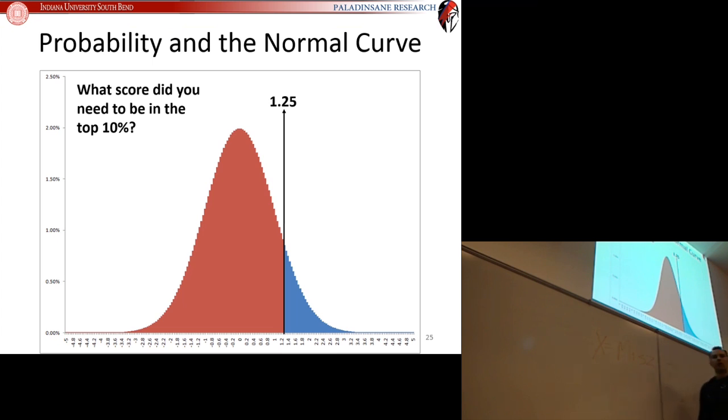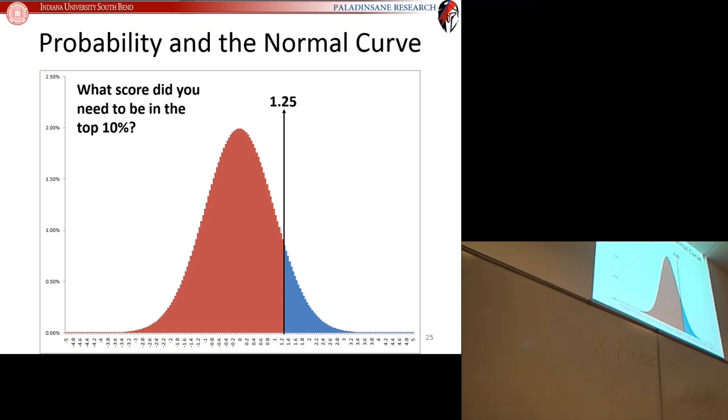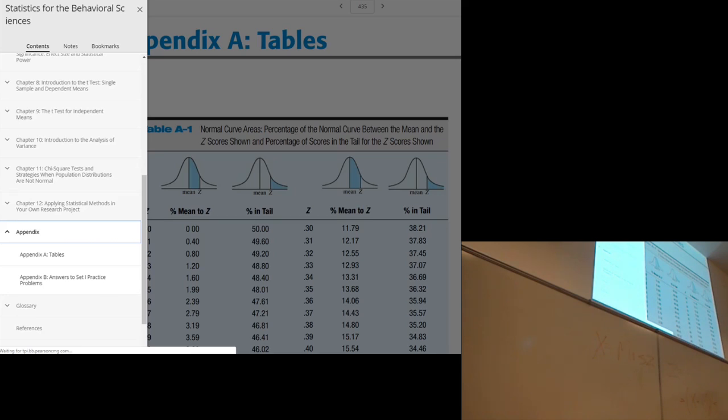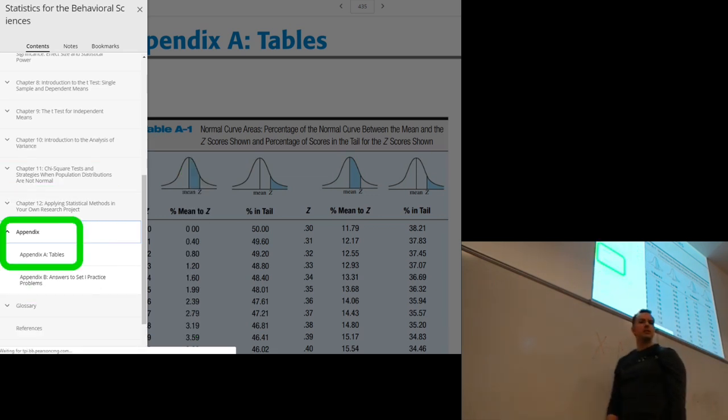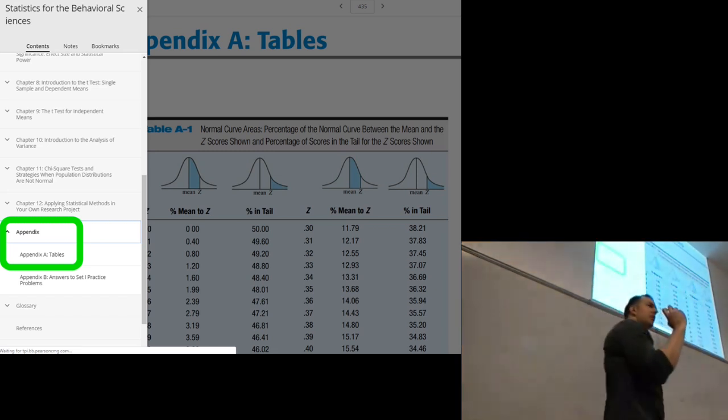How can we do them? Well, we're going to see that right now, but before we get there, I want to point out the resource that we're going to be using to do these calculations, and that is the unit normal distribution curve that you have in your e-text. So if you haven't already, I highly recommend you go to Canvas, go to the e-text module, open up your e-text, and then look for the appendices, and look for Appendix A. It is the first distribution in Appendix A. That should show you the importance of this normal distribution.